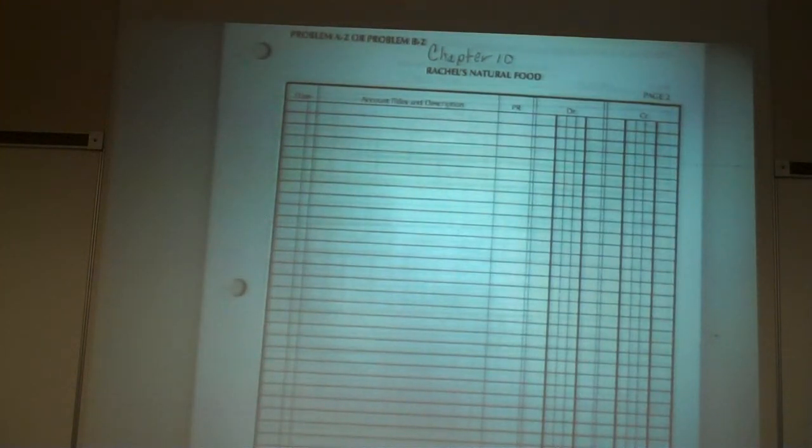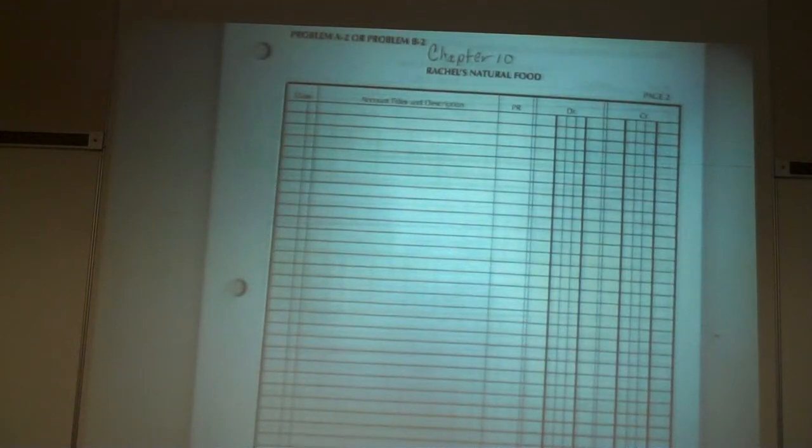What is that called when it's sales? Total sales minus sales returns and allowances and minus sales discount. Net sales? Net sales.